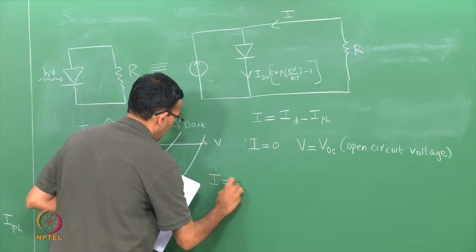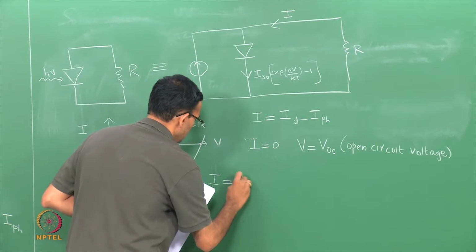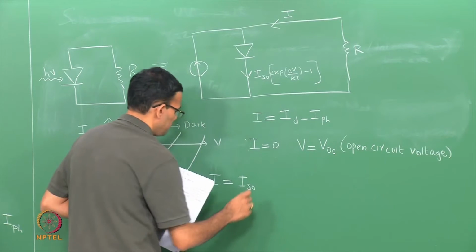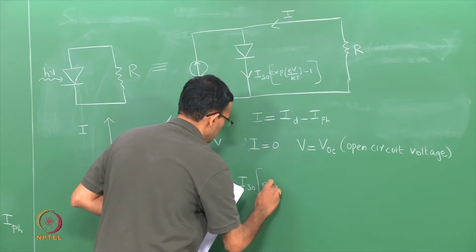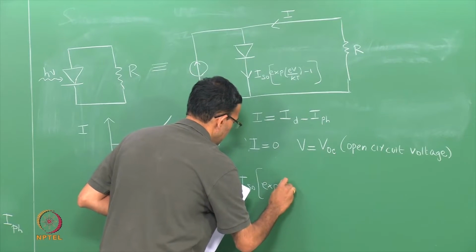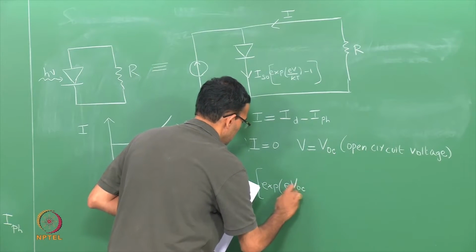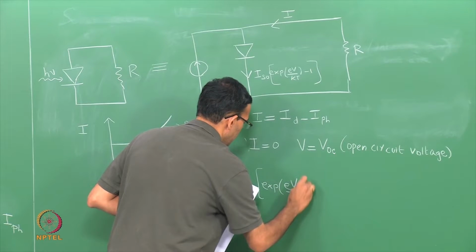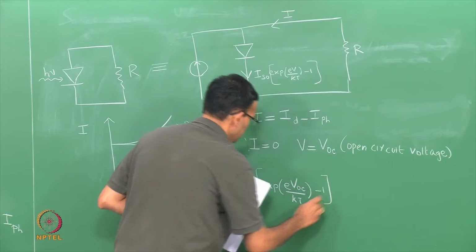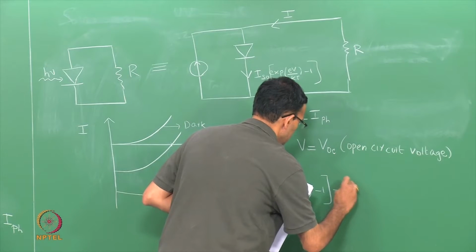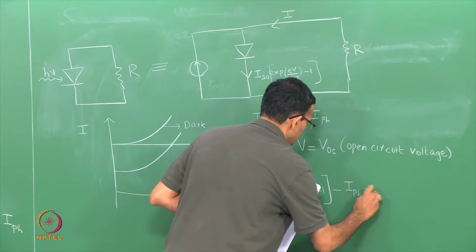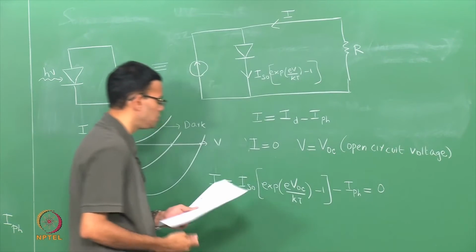So, in that case I, which is IS naught exponential e VOC over kT minus 1, this is 0.